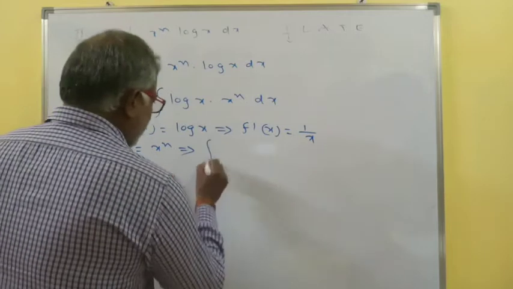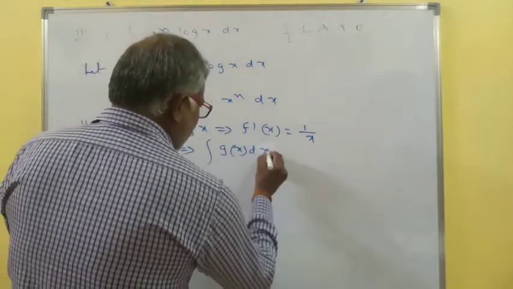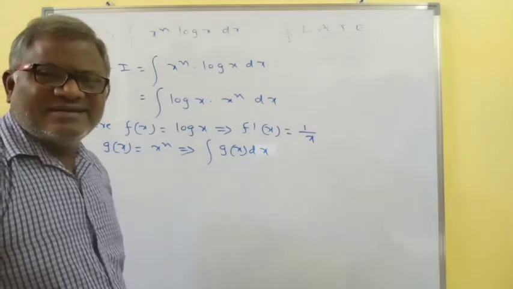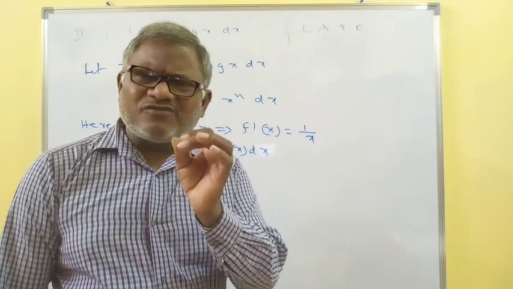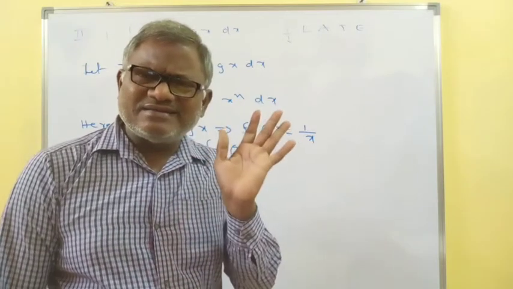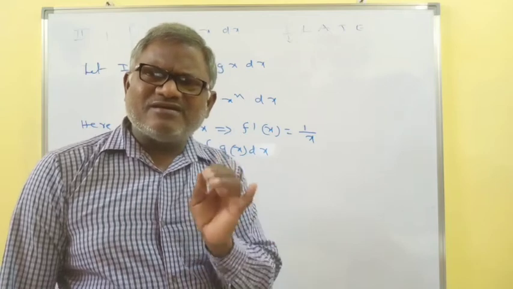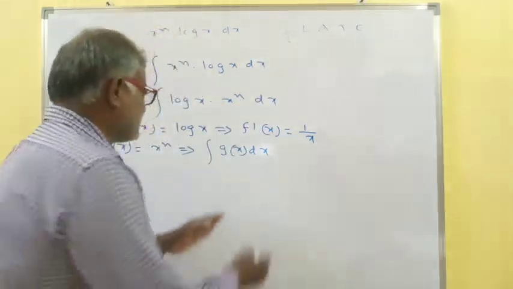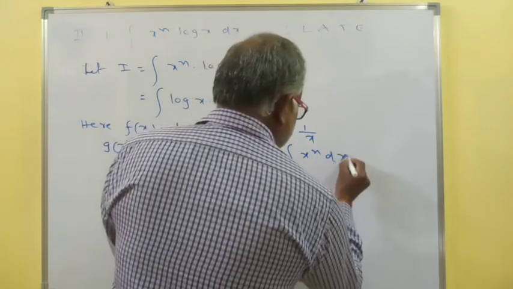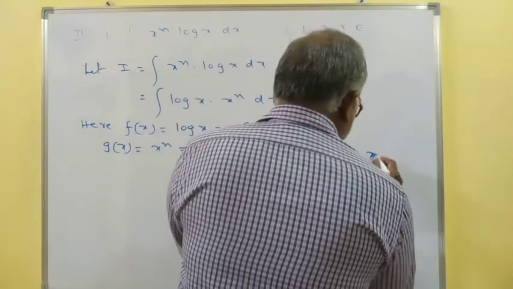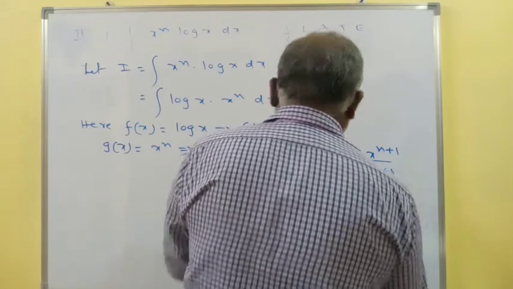For this one, you simply integrate. Always for the first function, you find the differentiation, and for the second one, you find the integral of that function. So, the integral of x power n dx is x power n plus 1 by n plus 1.